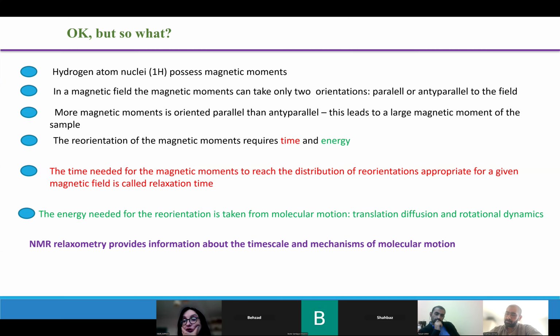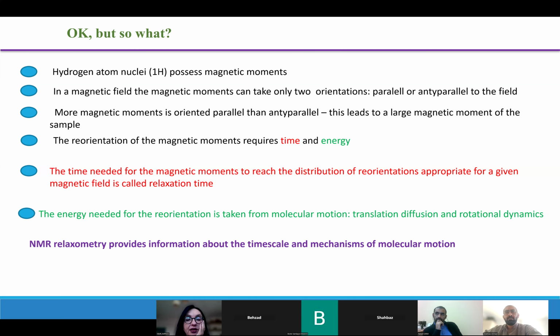And now assume that I change the magnetic field. I reduce it or I increase it. This is, after all, what we are doing in NMR relaxometry. We change the magnetic field. What happens then?